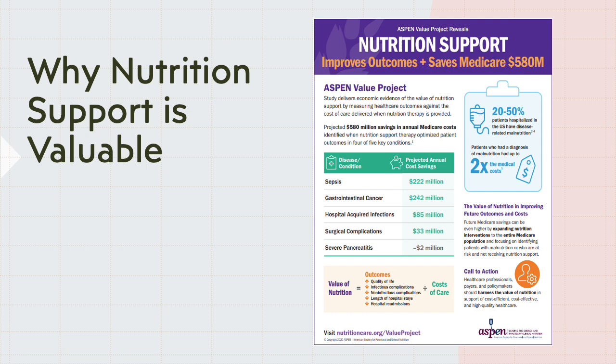The study, The Value of Nutrition Support Therapy: Impact on Clinical and Economic Outcomes in the United States, was published in JPEN, which is the Journal of Parenteral and Enteral Nutrition, and it found that there was a Medicare cost savings of $580 million in the following high priority therapeutic conditions: sepsis, gastrointestinal cancer, surgical complications, and hospital acquired infections.